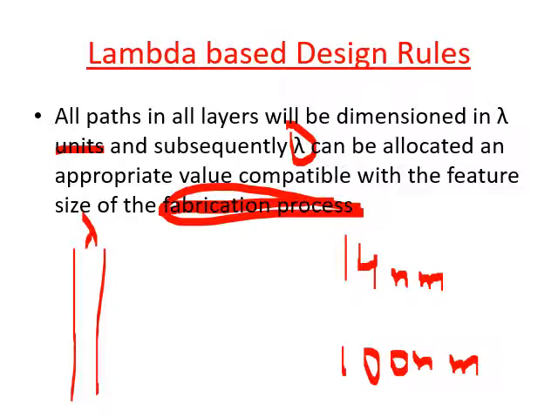It may be 14 nanometers or 100 nanometers depending on the fabrication plant or the fabrication process. But this length will be fixed for one particular fabrication plant or one particular fabrication process.